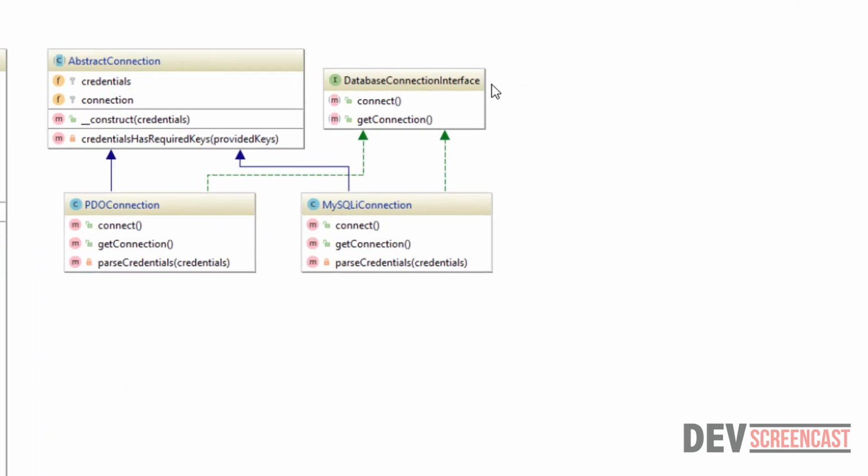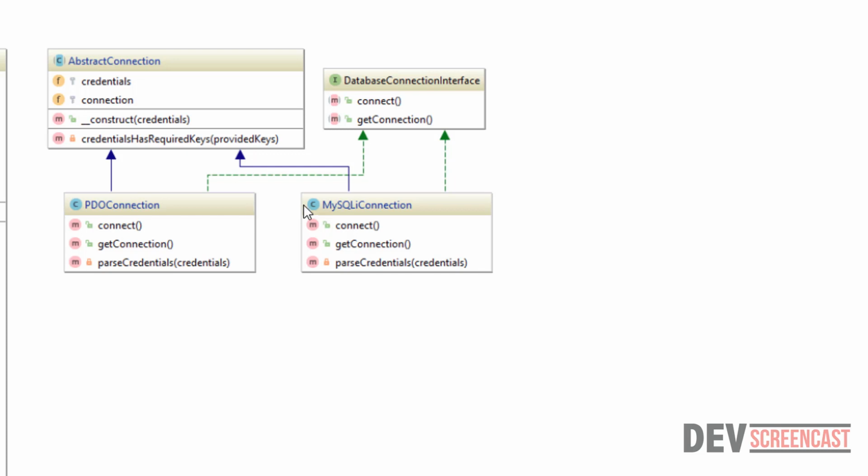We are implementing this kind of architecture so that it is really flexible for us to decide which connection we want to use at runtime. So we have here a database connection interface, which is implemented by the PDO connection, the MySQLi connection, and probably any other type of connection that you want to use.